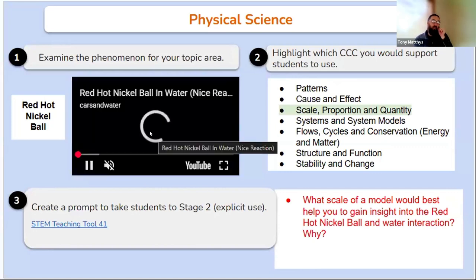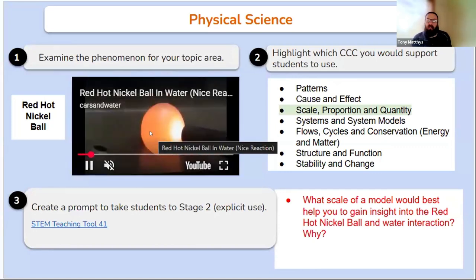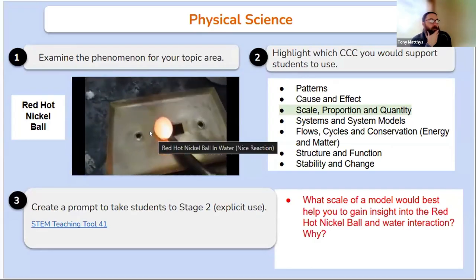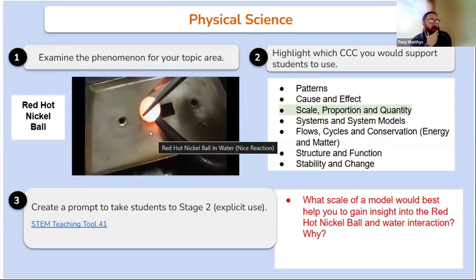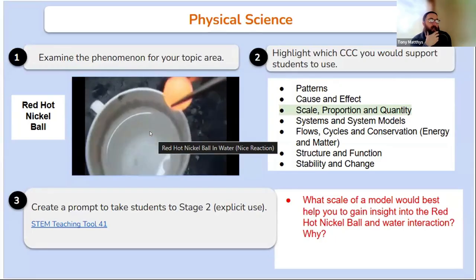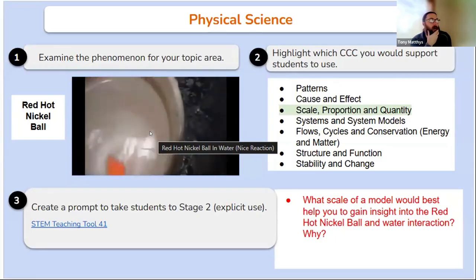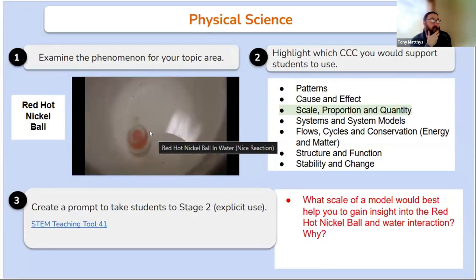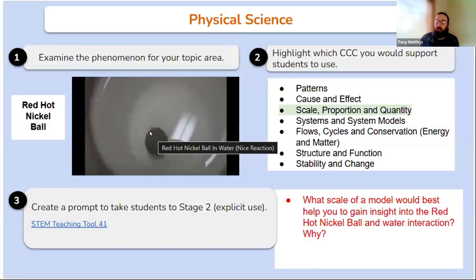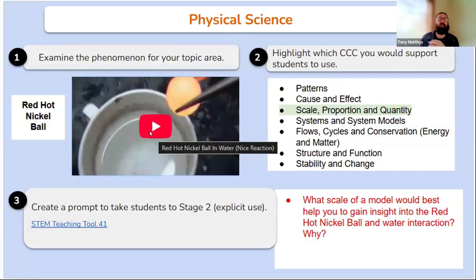So for example, this would be a physical science one, just a red hot nickel ball. It's one of everyone's favorite phenomena. They get it red hot, drop it in some water, and you can watch what happens. When I see this phenomenon, one of the first things that occurs to me is I start thinking about scale, proportion, and quantity. And in that CCC book, one of the things I found really helpful is that this CCC isn't just about how big something is, but about how sometimes it's really useful to change your scale.